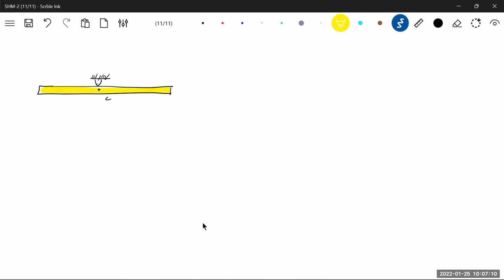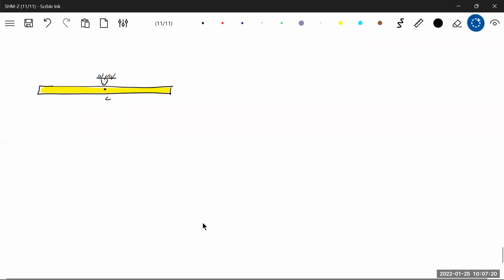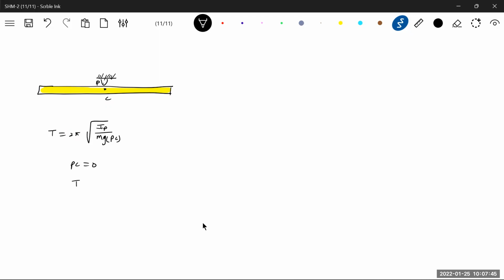Where is the point of suspension? It lies exactly at the center of mass. Now, what is the formula? Basic formula: T equal to 2 pi root of moment of inertia over mg into PC. The points P and C are at the same point, so PC will become 0. So the time period will become infinity.